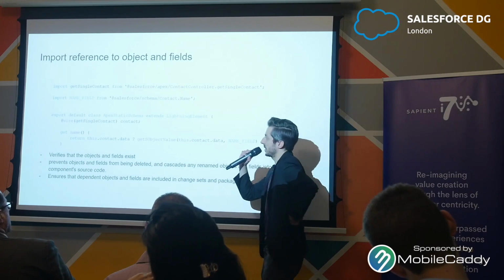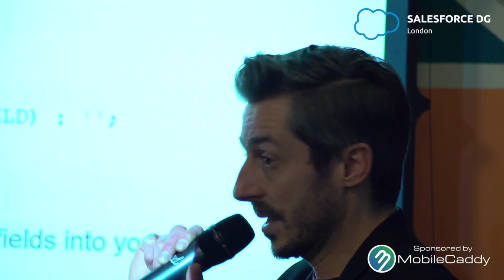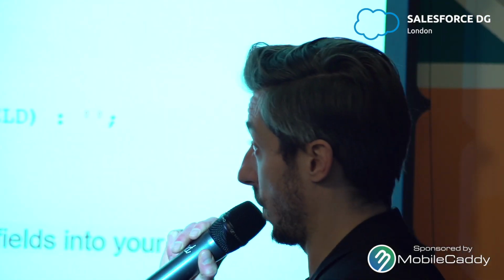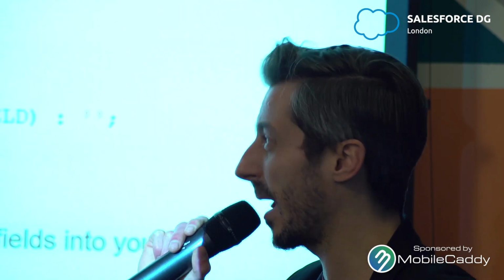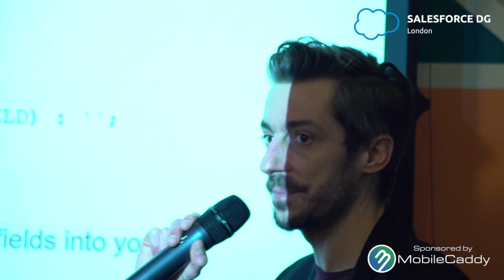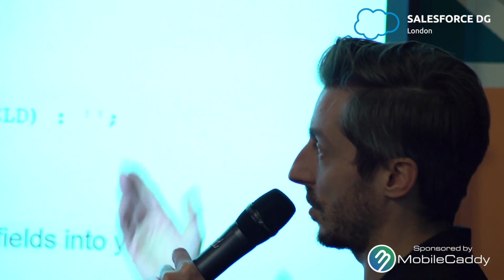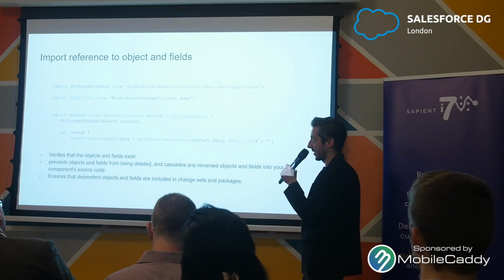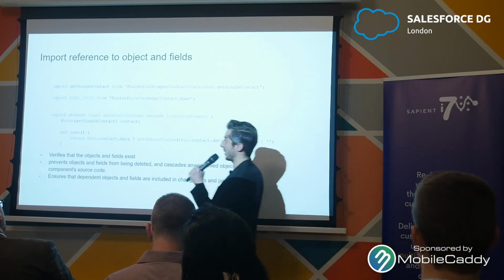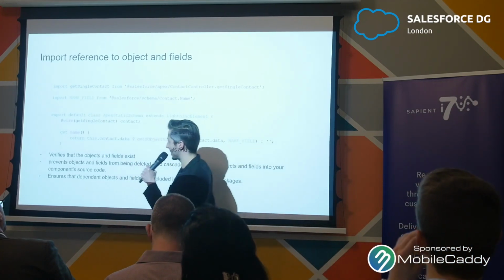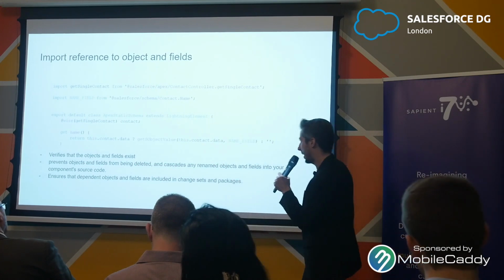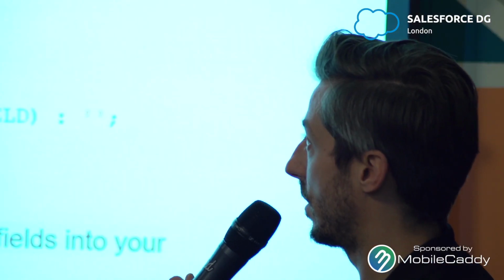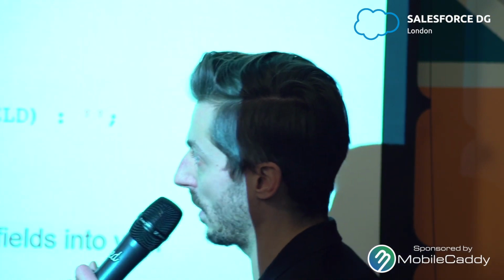Okay, let's talk more about imports. It's a very important concept for LWC, as you can see, and I really like that they're using it for a lot of different features. So we've already looked at importing methods and then using them for wire or declaratively. Well, actually, you can import name and object reference from the backend. So what does it do?